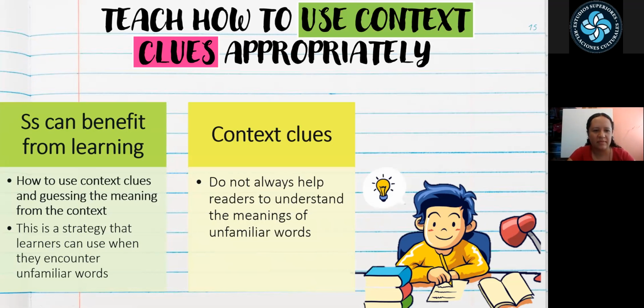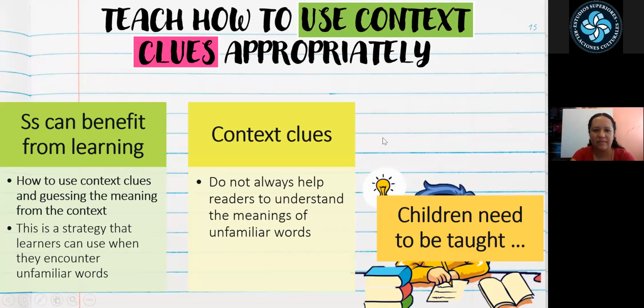Because if you just explain it like this, this is a dog, this is a cat, this is a fence, this is a door, this is a board, it's not going to be meaningful for them. So they are going to forget about it. That's why when you teach new words, you are going to do an activity after, so they can work with them. That's why it's very important.